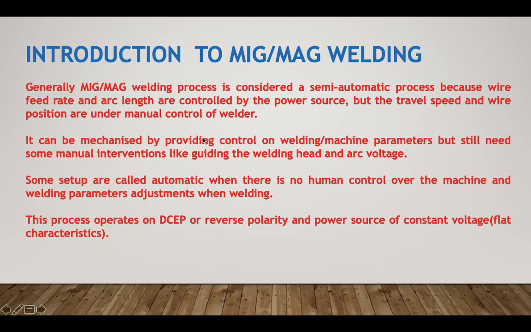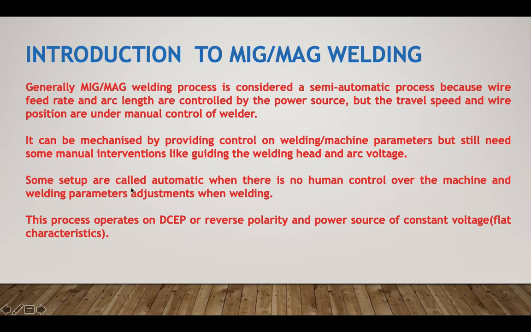Generally, MIG-MAG welding process is considered a semi-automatic process because wire feed rate and arc length are controlled by the power source, but the travel speed and wire position are under manual control of the welder. It can be mechanized by providing control on welding machine parameters, but still some manual interventions like guiding the welding head and arc voltage.